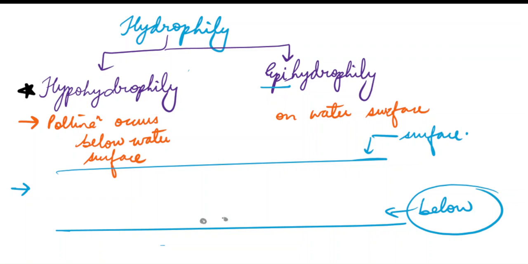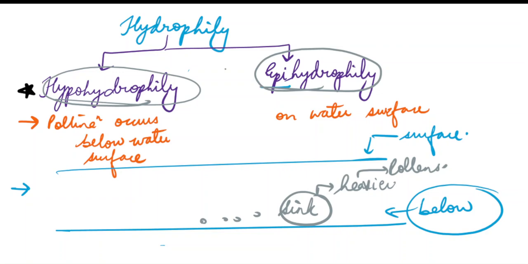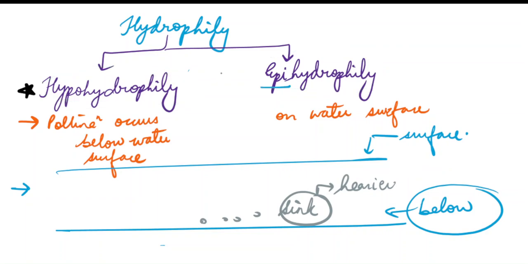It means something is getting sunk. Hypohydrophily occurs below the surface because something is sinking. Why is it sinking? Because the things are very heavy, that is, the pollens are very heavy. If pollens are heavy, then it will undergo hypohydrophily. If pollens are light in weight, then it will undergo epihydrophily. I hope this is understandable.